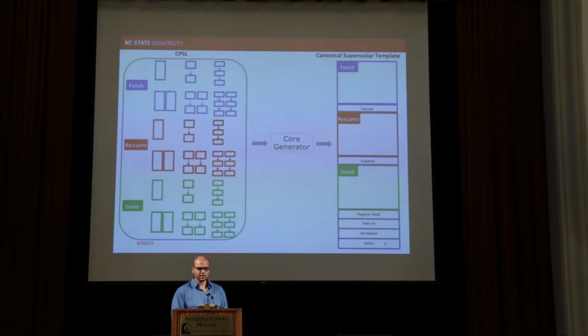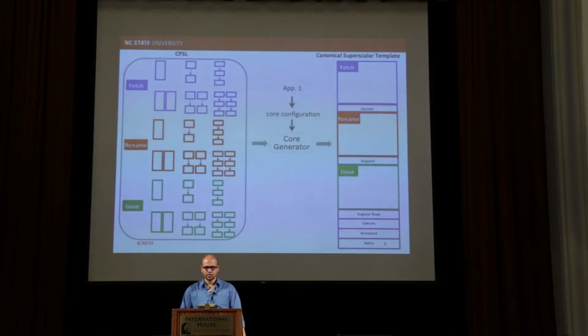On the left, you can see the CPSL. So I'm just showing fetch, rename, and issue. And each stage has a few different designs. Some are pipelined, some are not, 2 wide, 3 wide, et cetera. And then the idea is that you want to customize your core for the application you want to run.